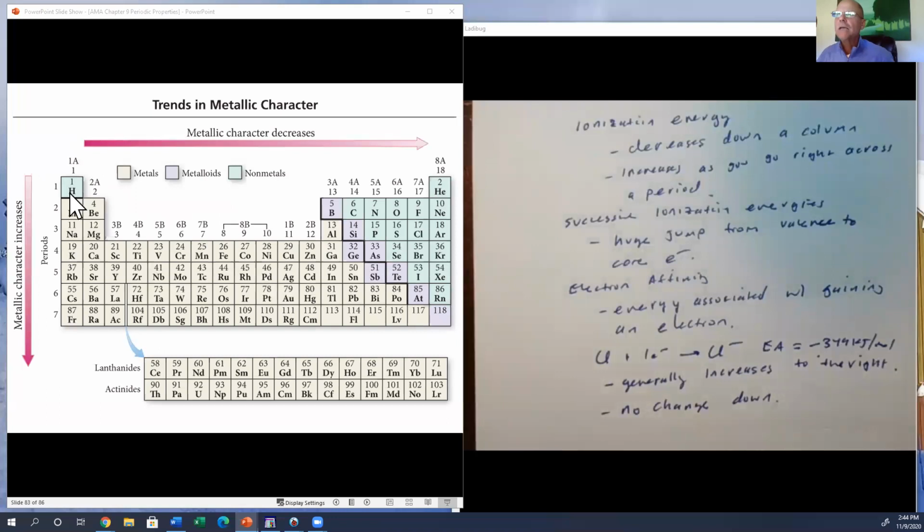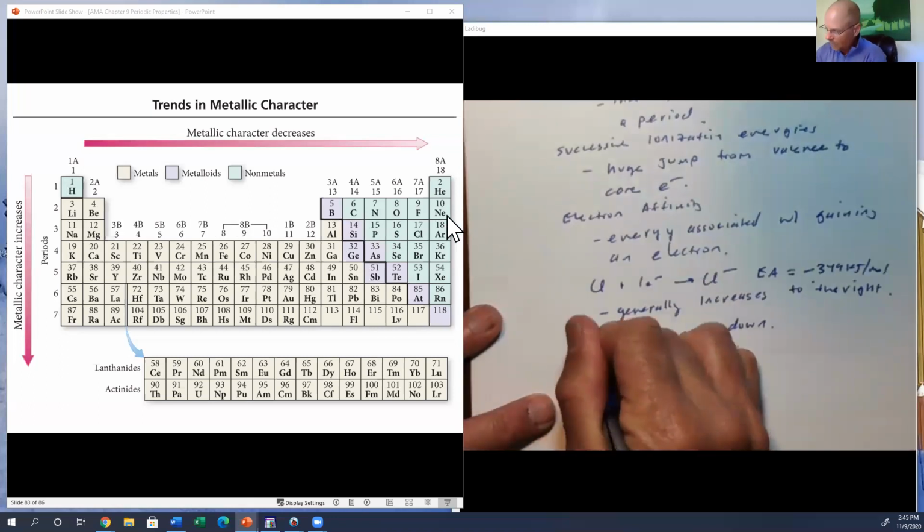As you go down a column, atoms get bigger and it's easier to remove an electron, so things become more metallic. However, as you move to the right across a period, the atoms get smaller because Z effective increases. The ionization energy gets bigger, which means it's harder to lose an electron, which means that metallic character decreases.